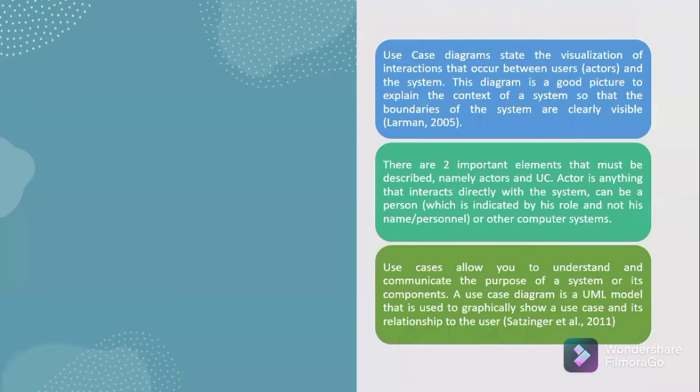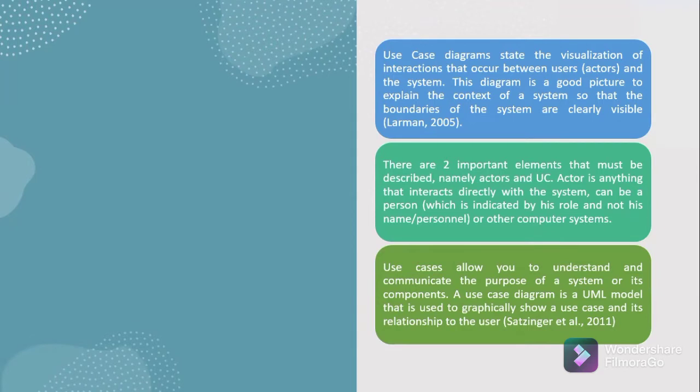Use case. Use case diagrams set the visualization of interaction that occurs between users or actors and the system. This diagram is a good picture to explain the context of a system so that the boundaries of the system are clearly visible (Lerman, 2005).